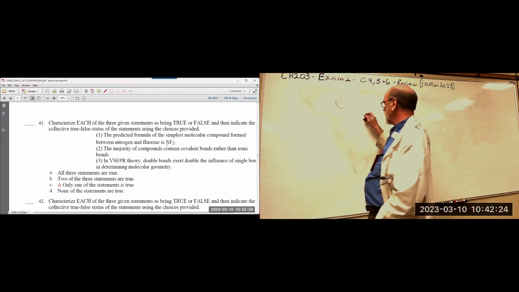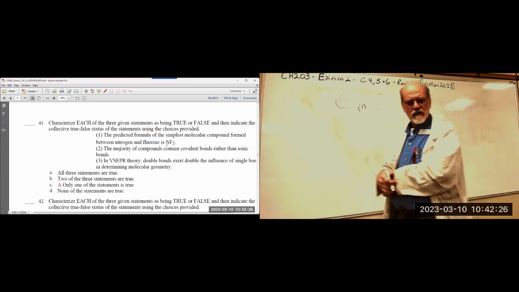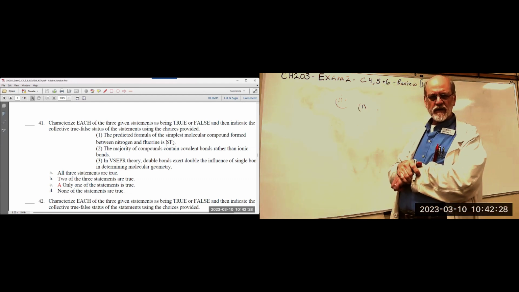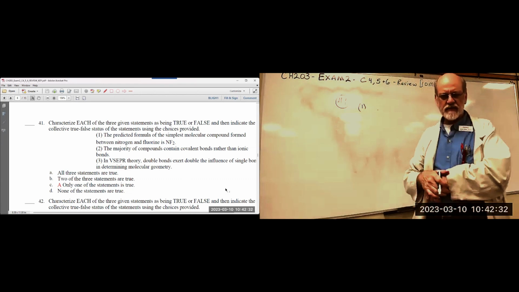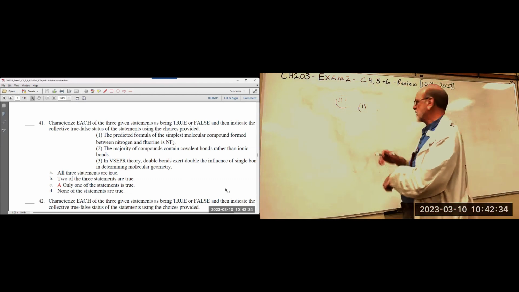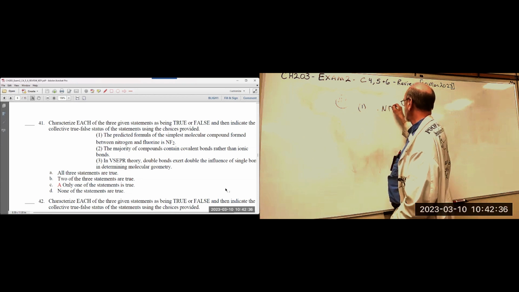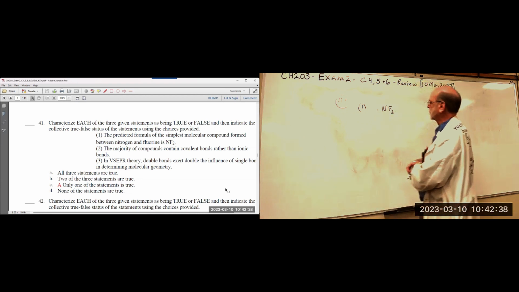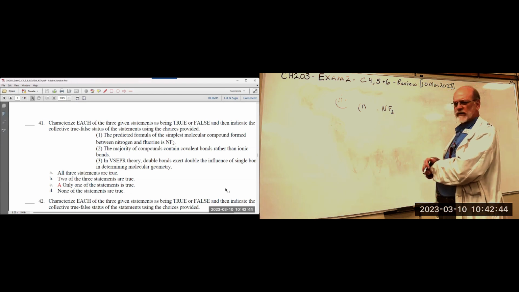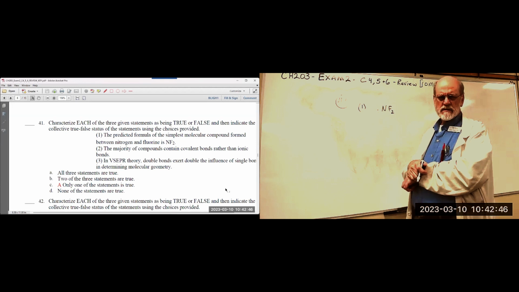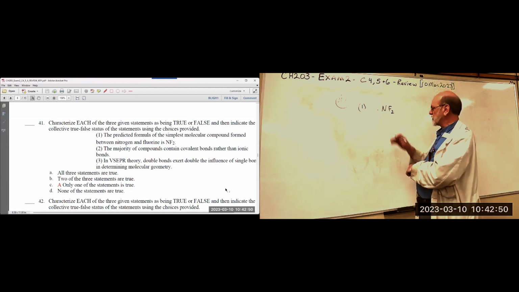One, the predicted formula of the simplest molecular compound formed between nitrogen and fluorine is NF2. Well, you know, that would be simple, but that one's not really simple.